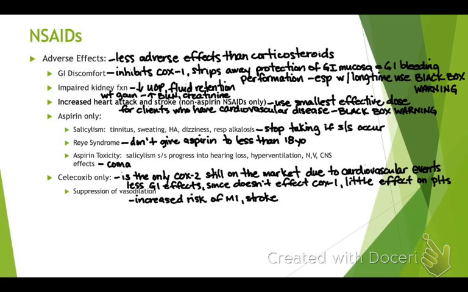The other thing I want to mention also is that with these adverse effects and with impaired kidney function, NSAIDs do cause arterial constriction, leading to decreased renal perfusion and decreased GFR.